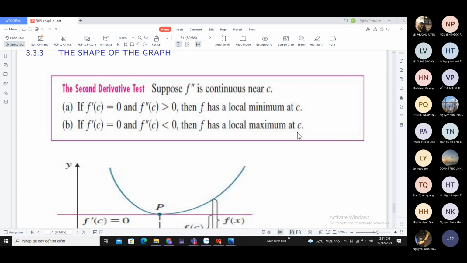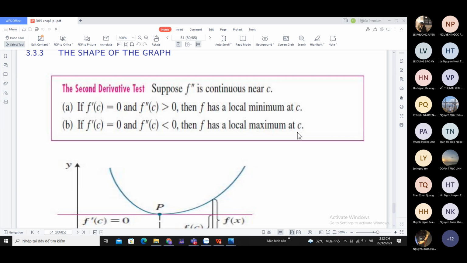It means we assume that the function f has a second order derivative in a neighborhood of C. I mean f double prime of x is defined for any x in some interval C minus delta, C plus delta, and is continuous on that interval, a neighborhood of C.